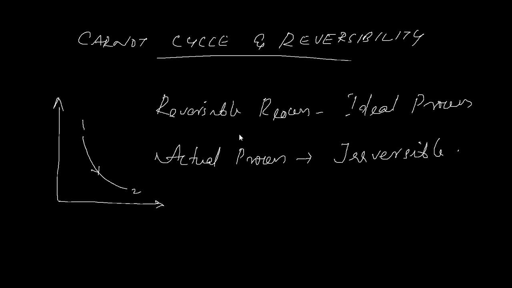So a reversible process is an idealization of the actual process, or the limiting case of the actual process. In other words, we can say a reversible process is not practically possible.